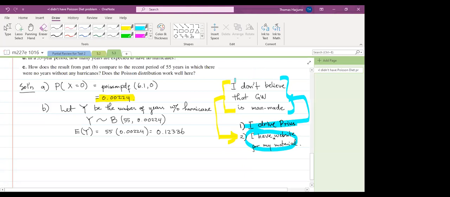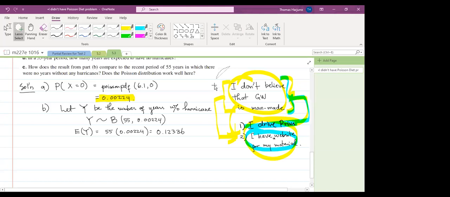I don't believe in global warming, but I live as if global warming is man-made. I believe that's better compared to people who say global warming is man-made, but live as if it has nothing to do with them. Those are the people I get really upset with. You talk about this thing, but you do something else. That's silly.